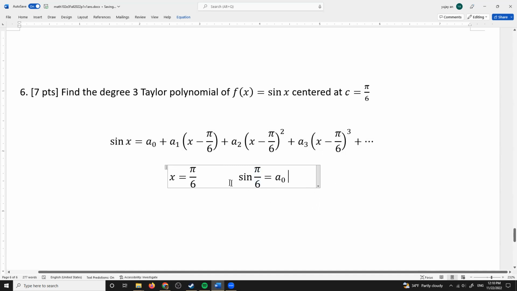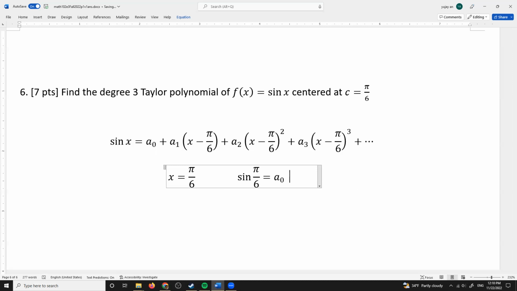What's sine of pi over 6? Somebody from the audience. 1/2. Sine pi over 6 is 1/2. Yes. So you have a0 equals 1/2.